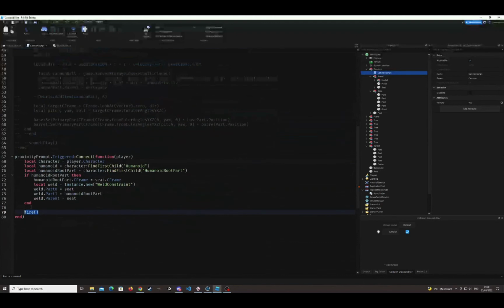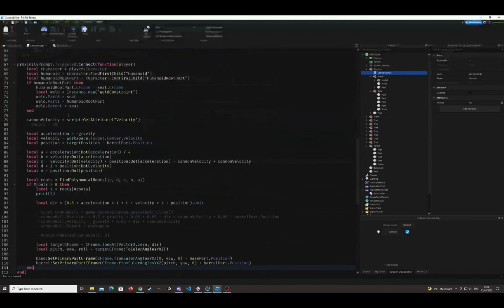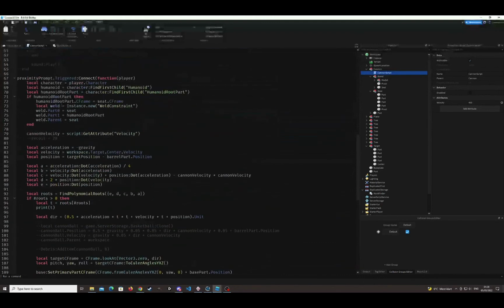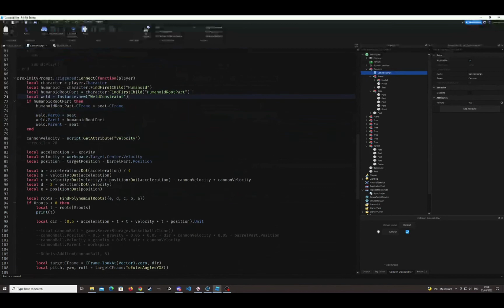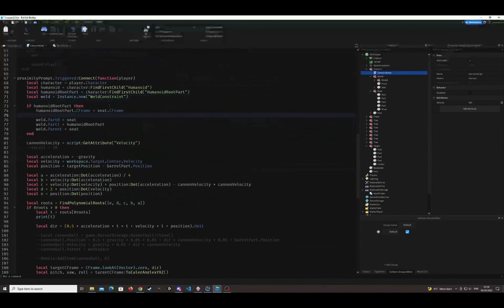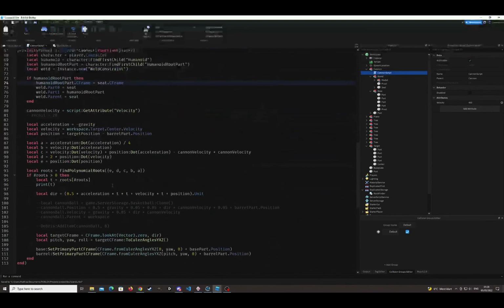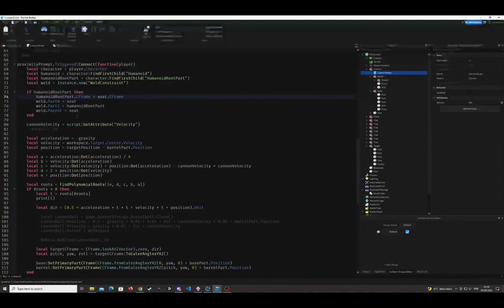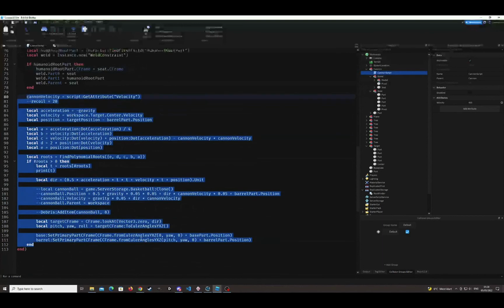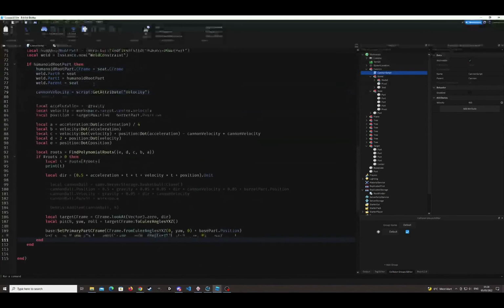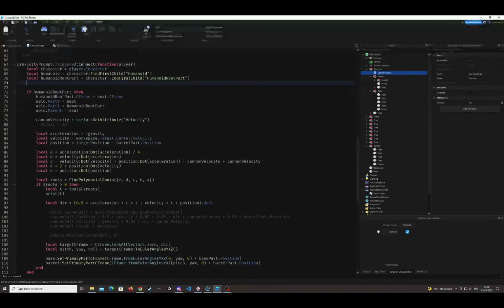It'll make things a little bit easier for now to just put it all in one function. This weld, I think I actually want to save it somewhere out here so I can destroy it later. Shouldn't all of this be inside that if statement? Yeah, I guess. And then we can define the weld in there too.